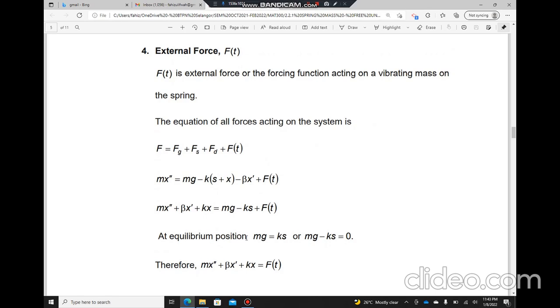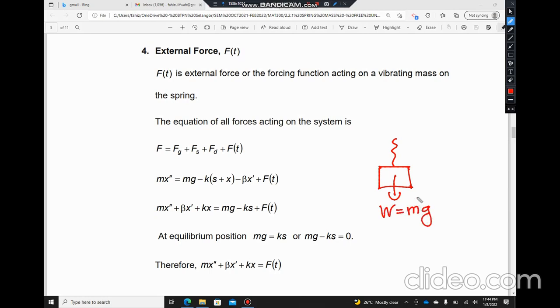Okay, at equilibrium position mg equals ks or mg minus ks equals 0. So pada titik keseimbangan w ni sama dengan ks. Macam yang saya cerita tadi. Okay, kalau kita ada satu spring, gravity dia akan ke bawah, berat dia akan ke bawah, so W equals mg, then force ni ke atas, F equals ks.